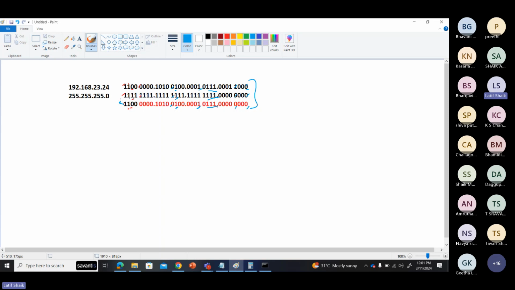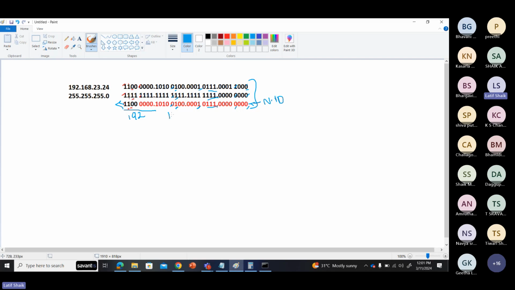If you convert this back to decimal numbers, that is your network ID. This is your network ID. So how to get the original number? You convert it again into decimal format, then you will get it.